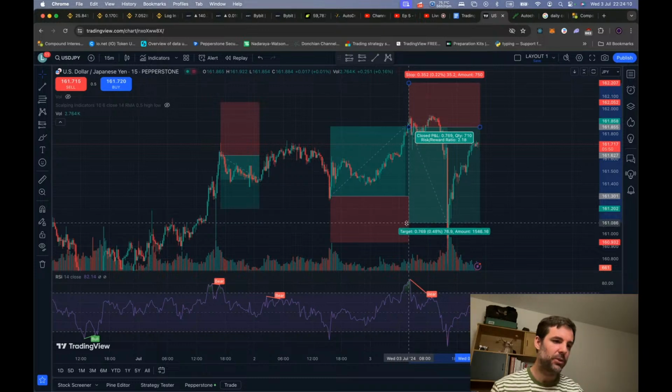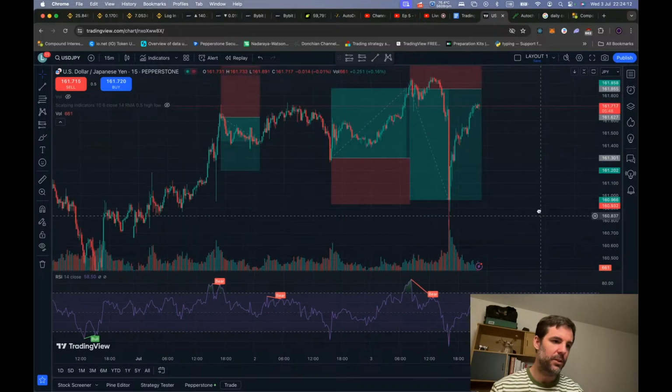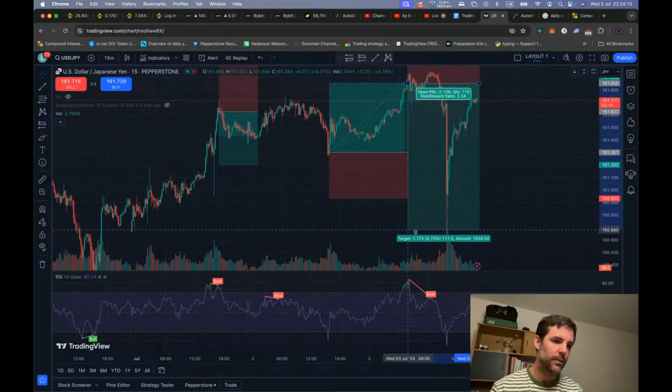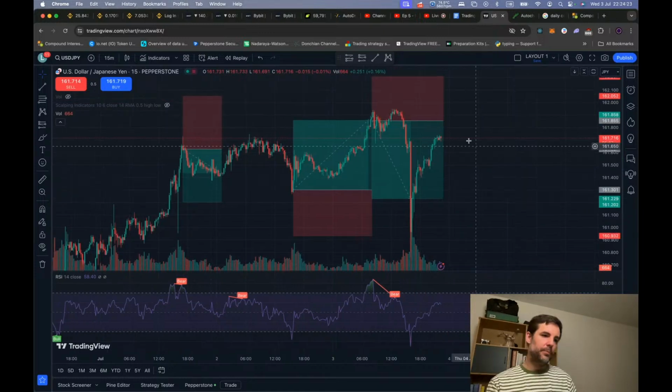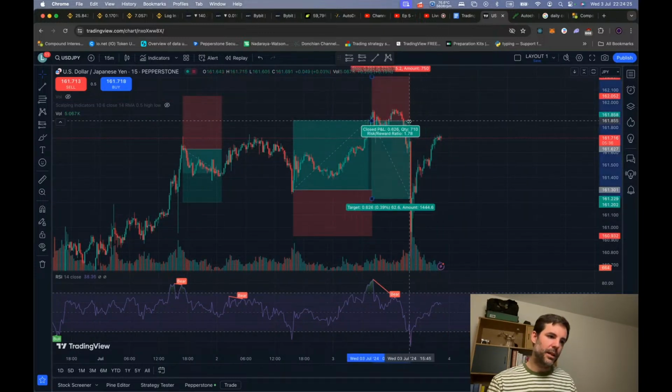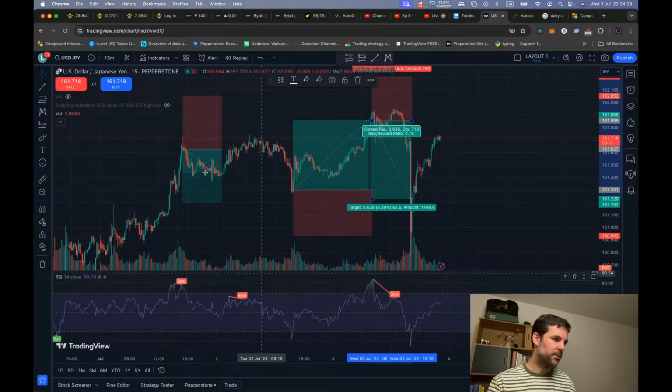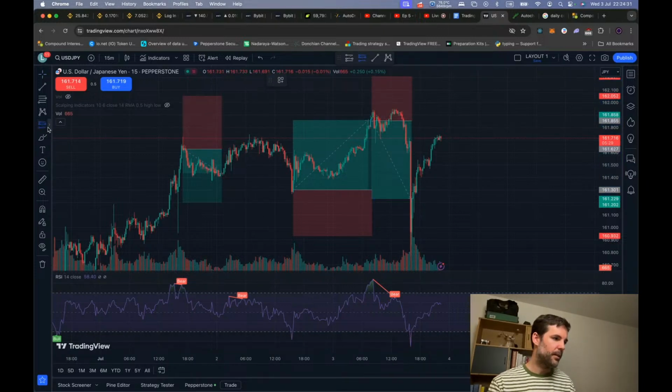This one would have yielded quite some, until there. Let's not be greedy. I don't know, 1.75 for instance, something like that. There you go. And again, you entered here and RSI is oversold, and enter long there.